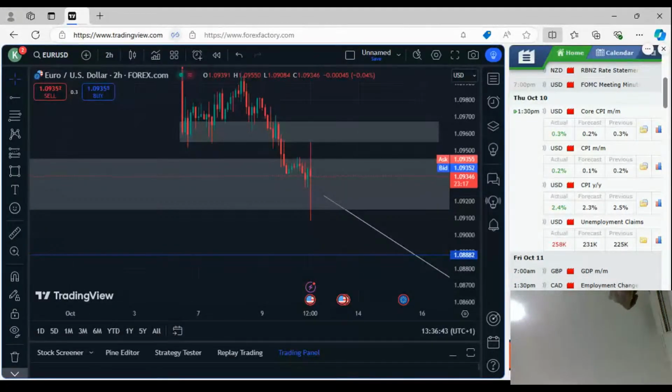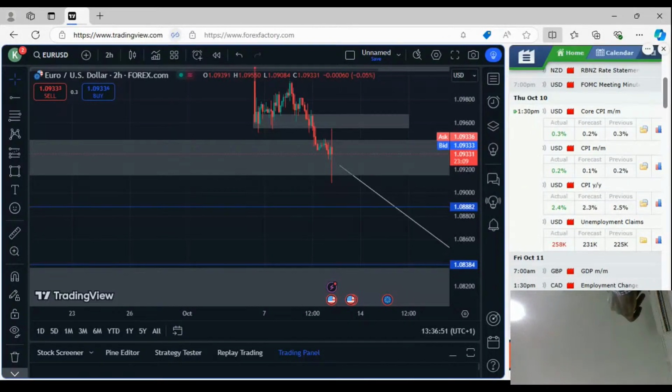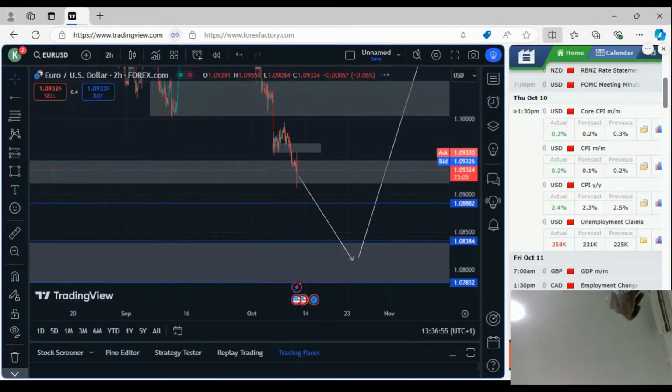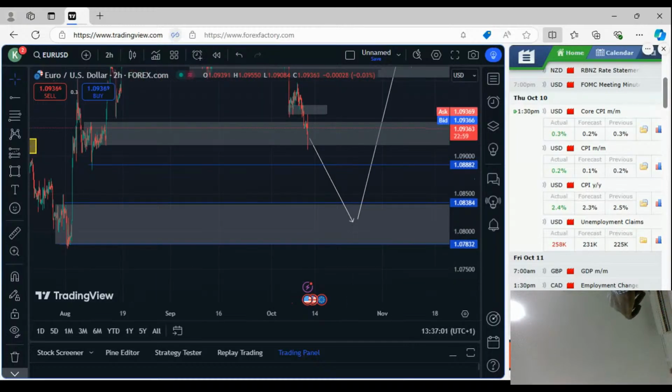So I still feel the US dollar, because we're in the fourth quarter, I'll be buying this Euro USD throughout December if it comes to my area of entry, where I've actually dropped the buy limit. I'm extremely 80% confident of that buy limit.